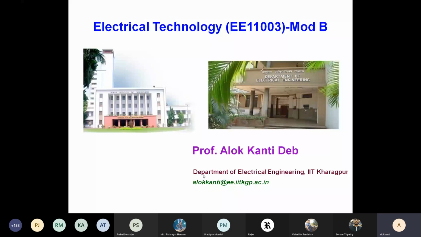Still, there are DC applications in some very primitive locations, like old palaces, and, as I gave the example, some places in Kolkata, there is still DC.